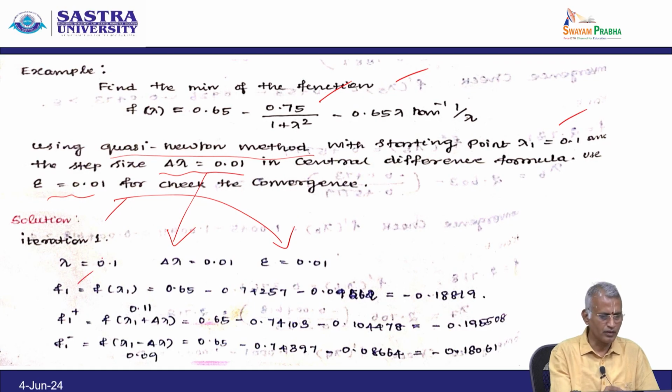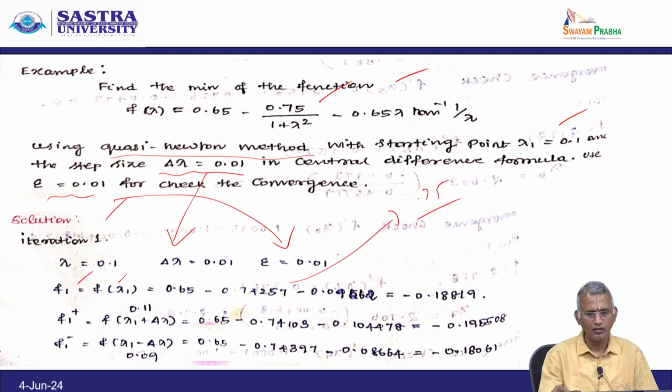Therefore, f1 equals f of lambda 1, and substituting lambda 1 as 0.1, it becomes 0.65 minus 0.75 divided by 1 plus 0.1 the whole square.